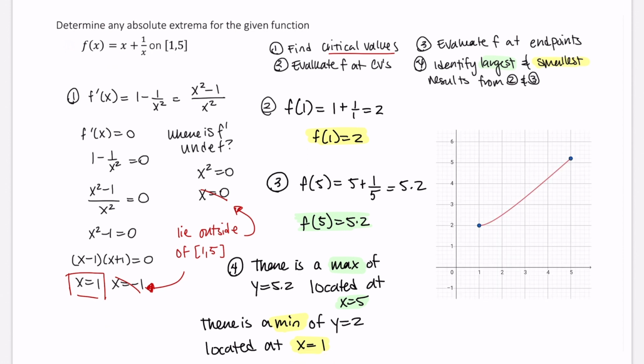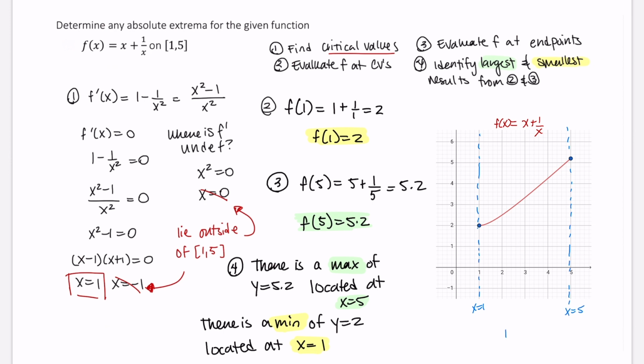And as you can see here, I went ahead and graphed this. That is, I graphed f of x is equal to x plus 1 over x. That's what we're seeing here. And we're seeing it restricted between x equals 1 and x equals 5.